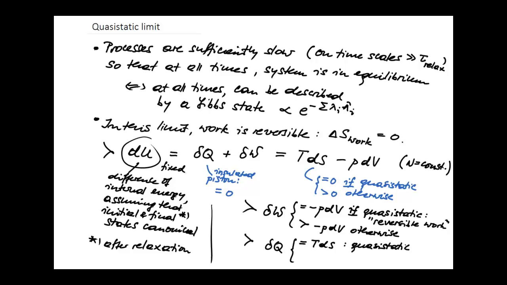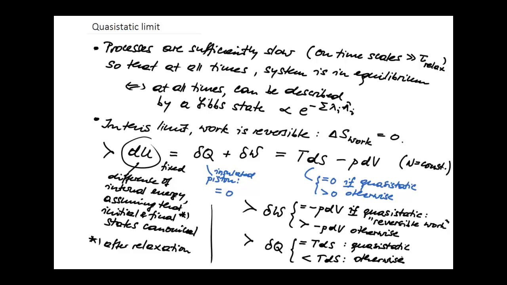Since the work is larger than minus PdV, and the sum of work and heat must still give the same change of internal energy, the amount of heat must be smaller than TdS. So delta Q must be smaller than TdS for processes that are not quasi-static, that involve irreversible work.